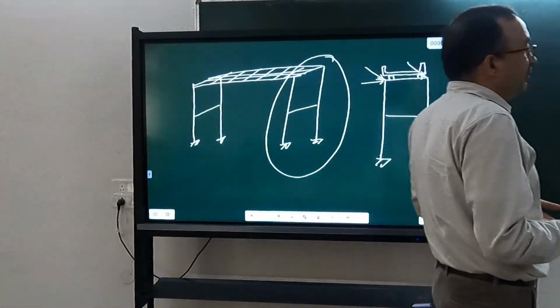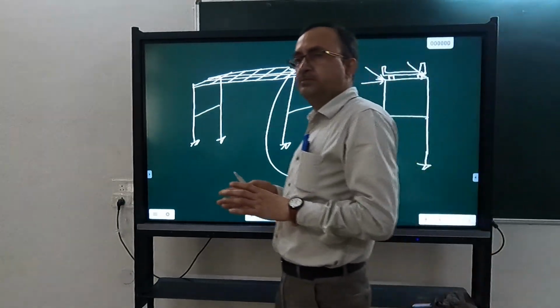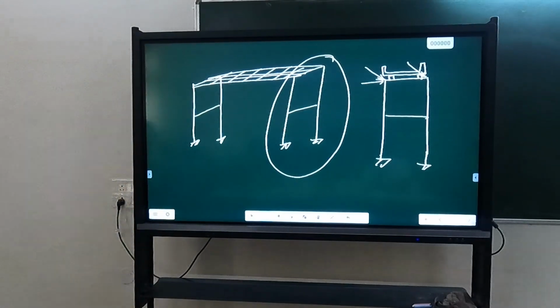Secondly, hinges are forming in columns, so the ductility is reduced, and if the ductility is reduced, the response reduction factor will reduce. Okay, so that's why if you compare the codes of bridges and codes of buildings and compare response reduction factors there, the response reduction factors for bridges are much less, not more than 3 in any case.